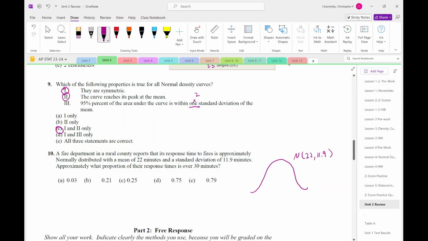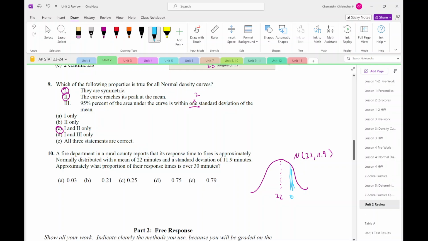Okay, so right here is 22 minutes, and we want to know what percent is over 30 minutes. So somewhere here, 30 minutes, a little less than 1 standard deviation away.